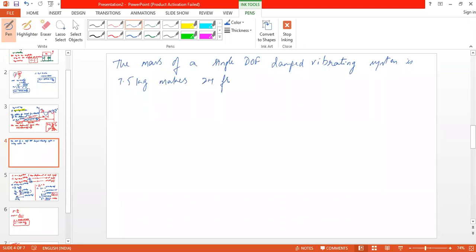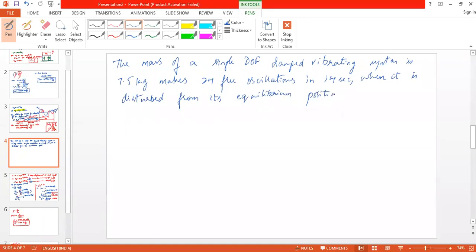It makes 24 free oscillations in 14 seconds when it is disturbed from its equilibrium position.